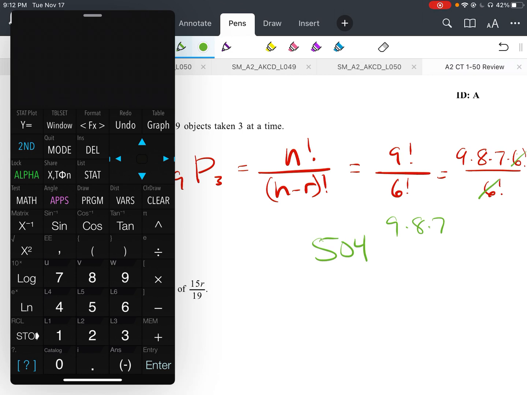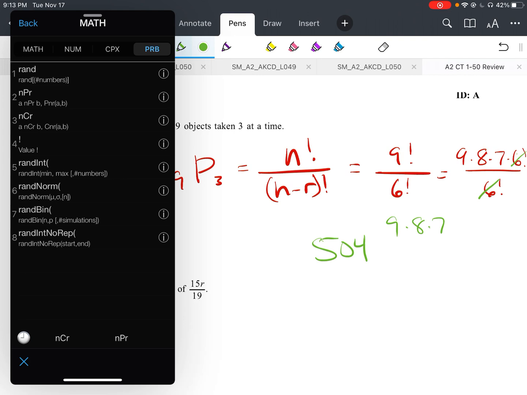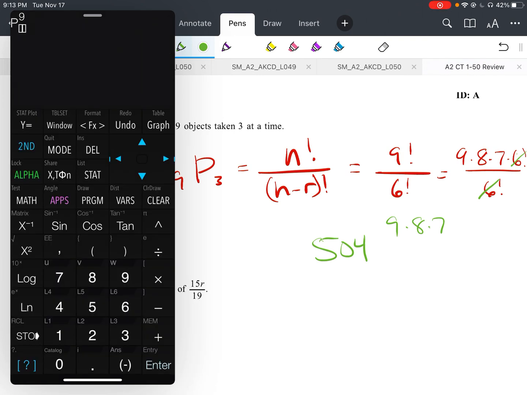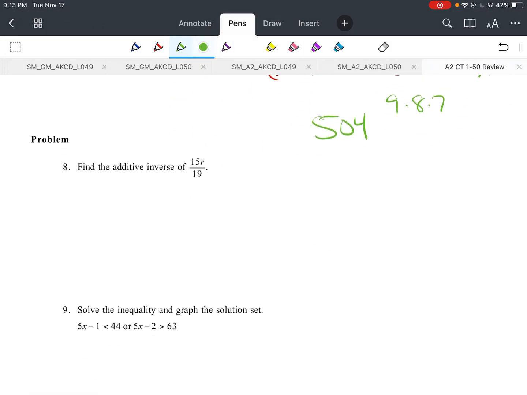I think on the TI-83s anyway, you have to hit 9, then push the button. I wonder if I can do that. 9, and I'll go to probability. So go to math probability, and yep, it just did it fine for me. So I put the number in there, and so it'd be 9, pick 3, 504. Boom, got it. Okay, so either of those ways is cool.